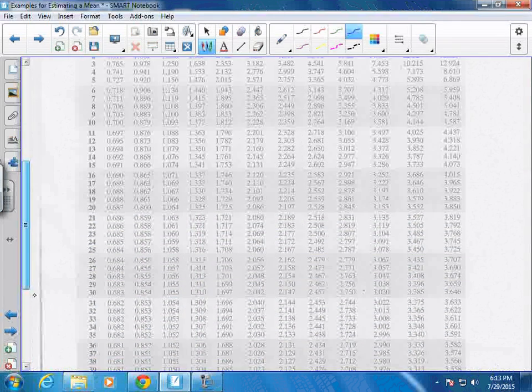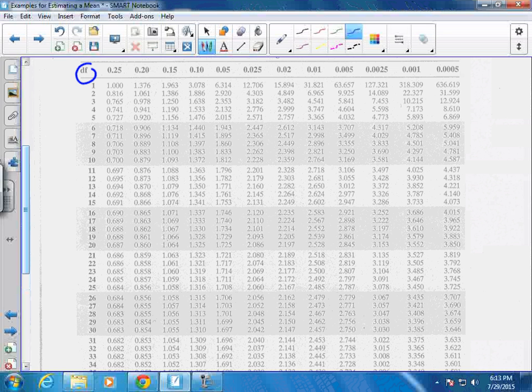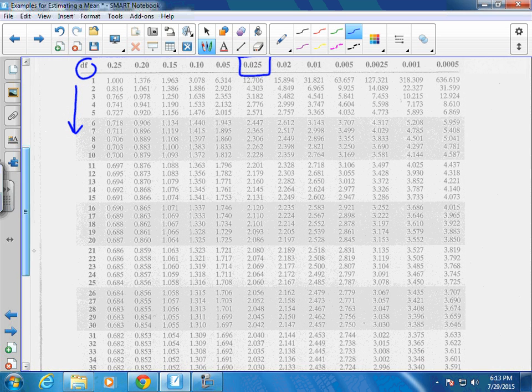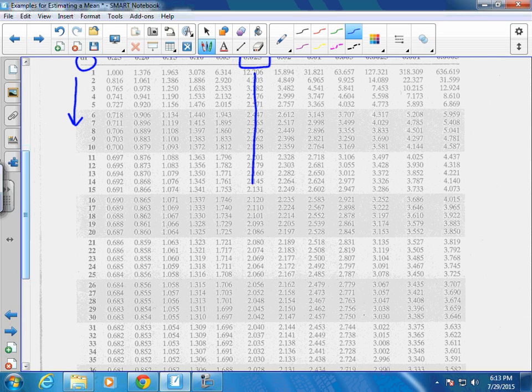We had 39 degrees of freedom, so the degrees of freedom are along the first column. The right tail areas are along the top row. We need our right tail area to be 0.025, so this is what we need the tail area to be. We need 39 degrees of freedom. So we're going to go down this guy.